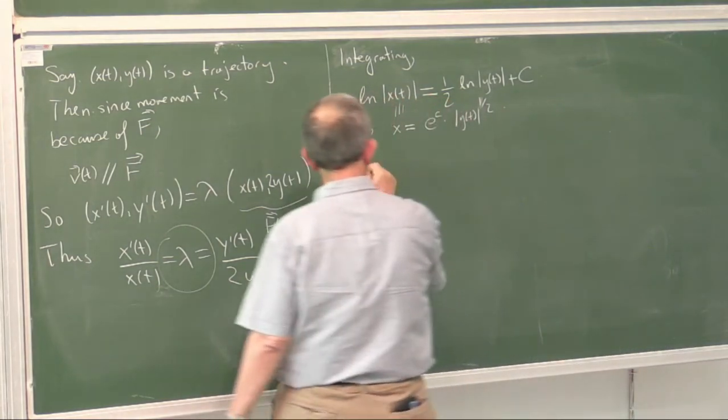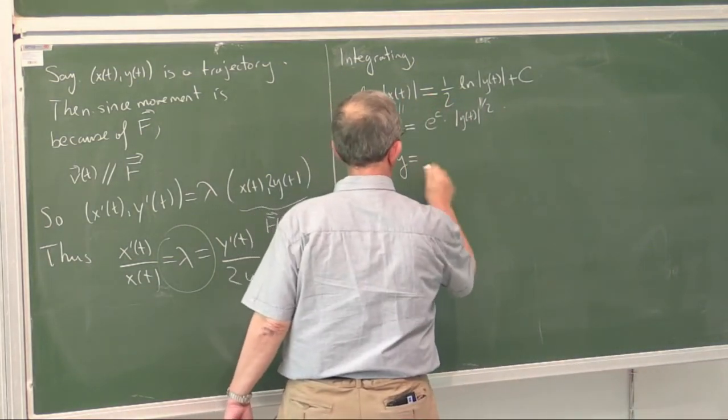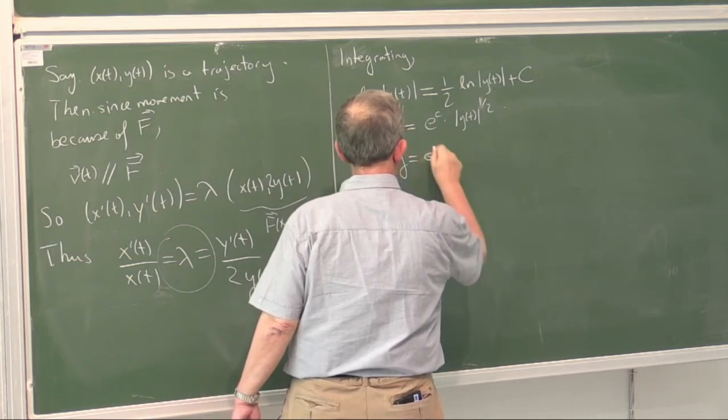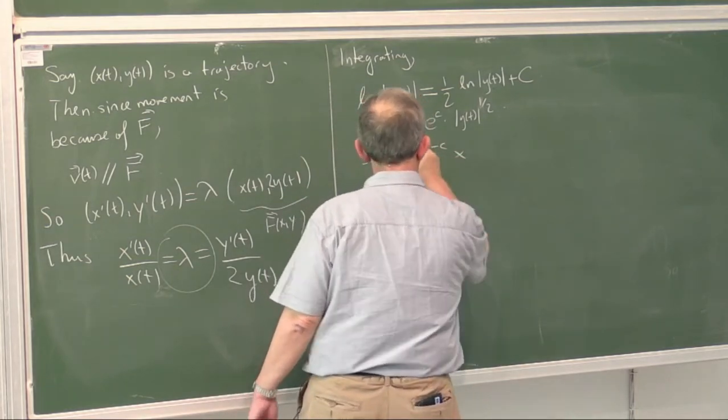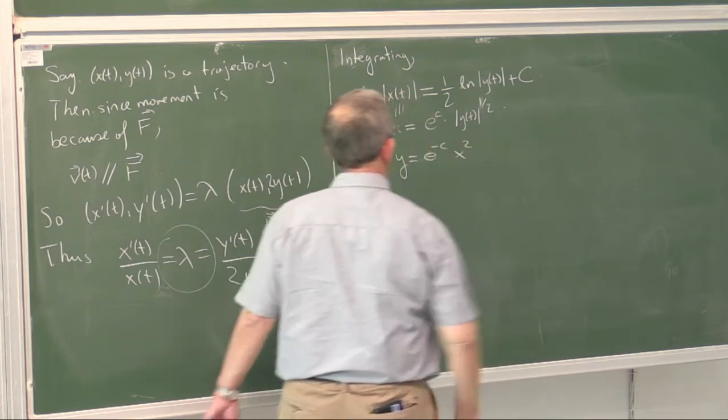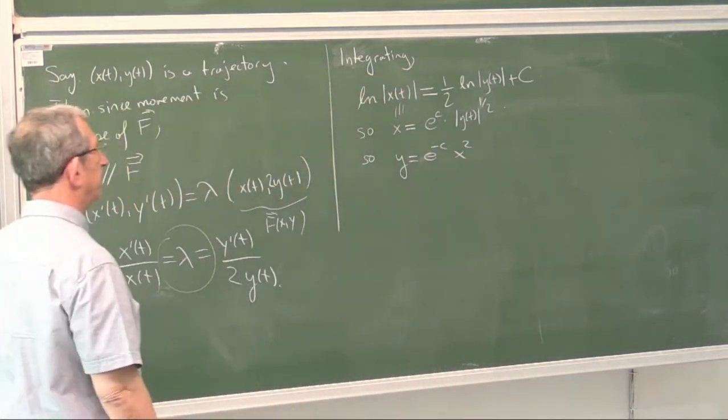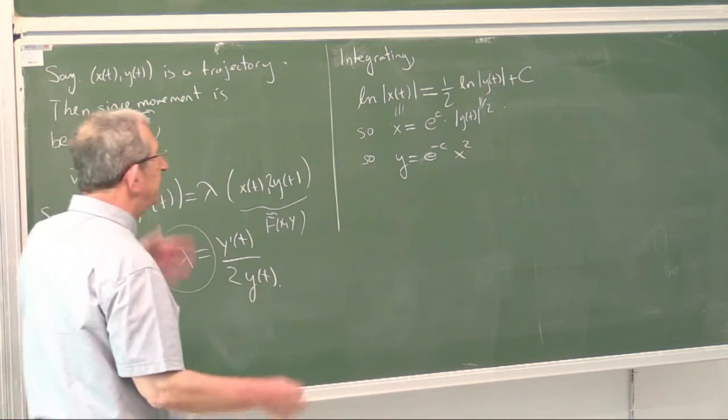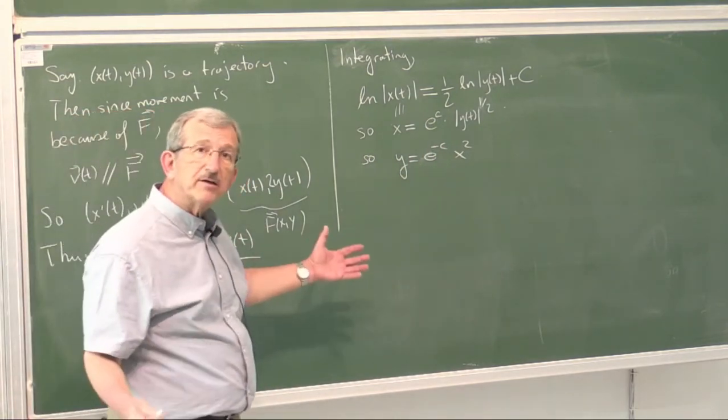So if you want, y is e to the minus c x squared. Now here c can be positive, negative, it doesn't matter.